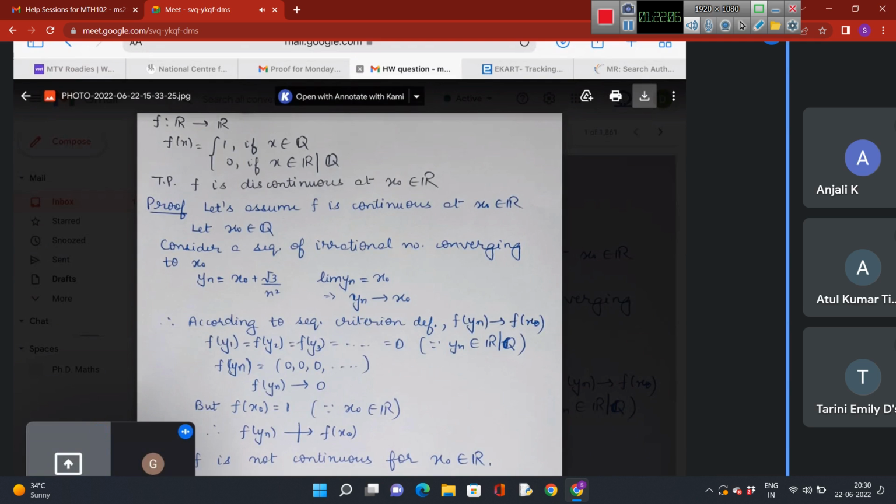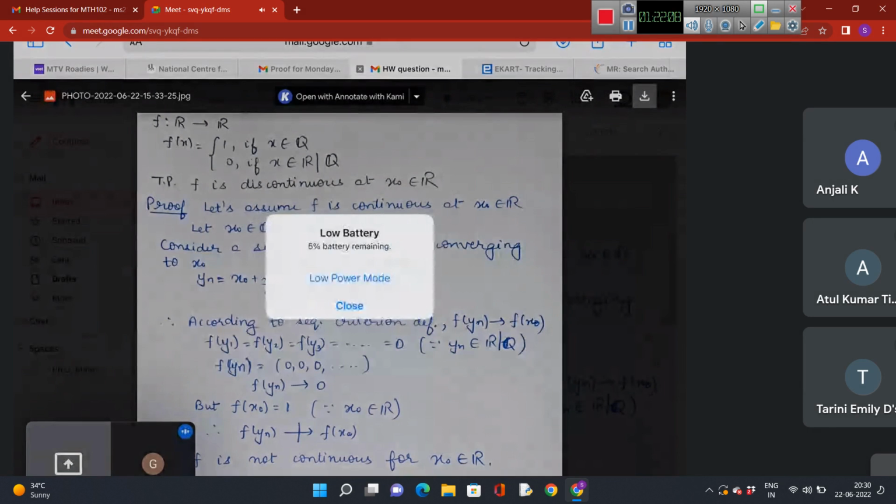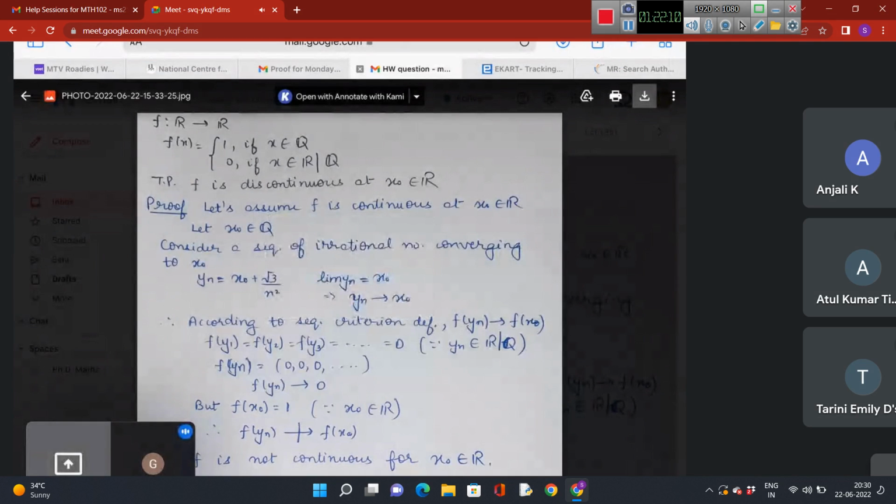So here f of y1, f of y2, f of y3, they all are equal to 0 because y1, y2 are all irrational numbers. Therefore, f of y n is a constant sequence with entries 0, 0, 0. Therefore, f of y n converges to 0.